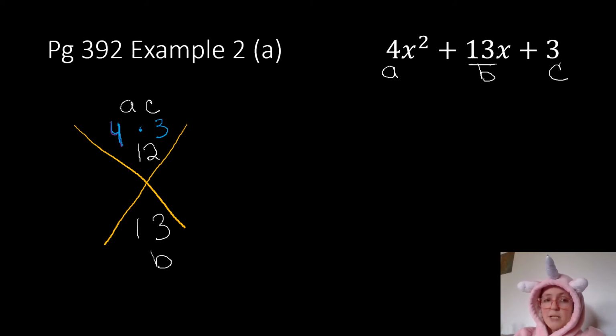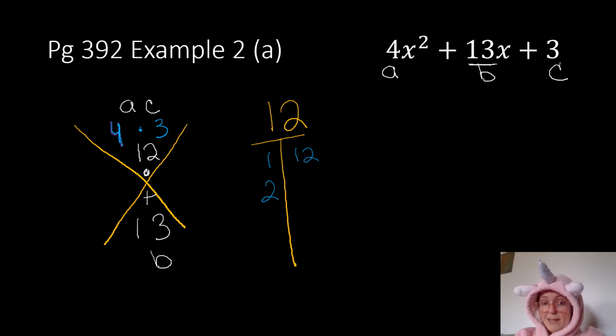So now what we need is numbers that multiply to be 12 and add to be 13. If we need to, we can make our list of factors. So let's make our little T-table of things that multiply to be 12: 1 and 12, 2 and 6, 3 and 4.